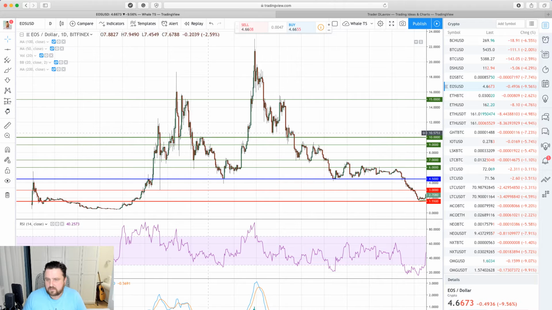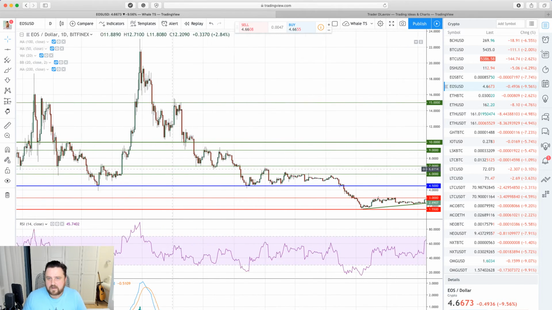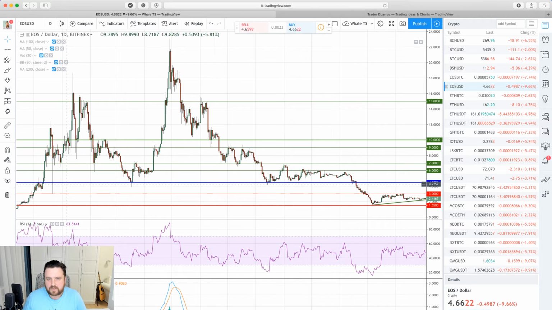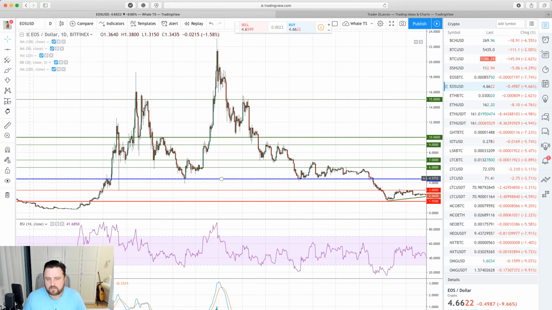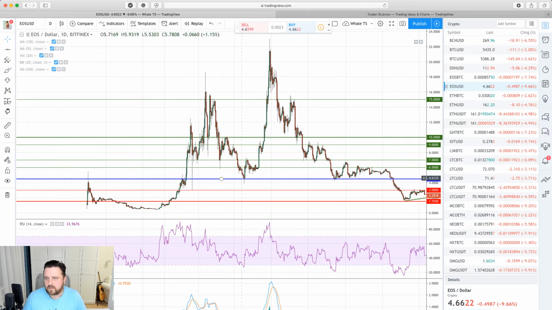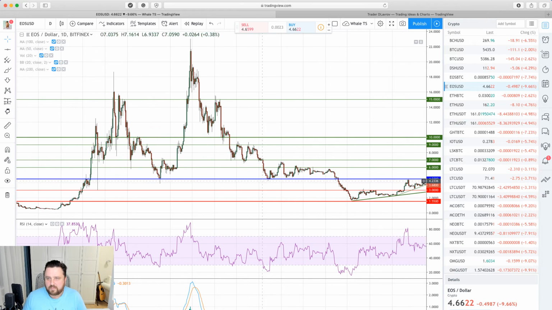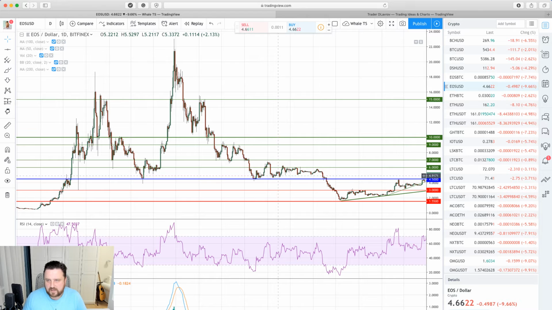We saw the falling in 2018, and price reached this level one more time and bounced from it. After that, the market made a new high. After the falling, price reached this level, let's say 1, 2, 3, 4 times, and the fourth time bounced from it. Then price returned to this level the fifth time.